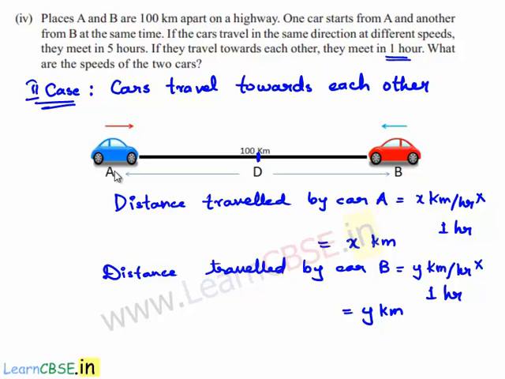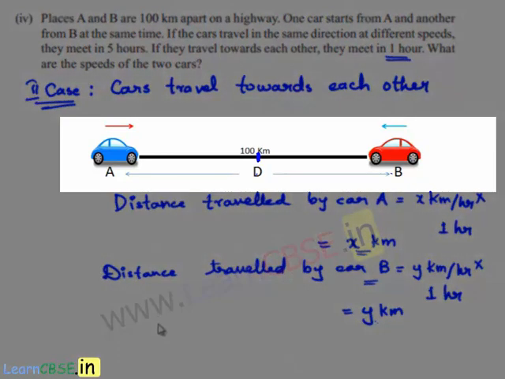Now AD is nothing but the distance traveled by car A, which we got as x kilometers, and BD is nothing but the distance traveled by car B, which we got as y kilometers, and the distance AB is 100 kilometers. Now we can write AD plus DB is equal to AB.